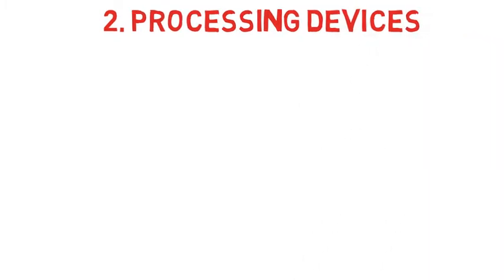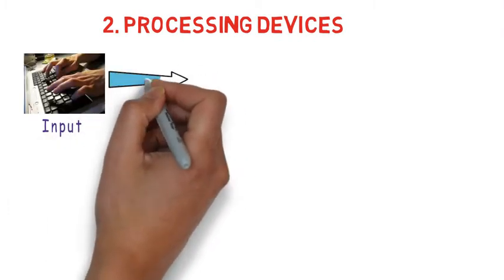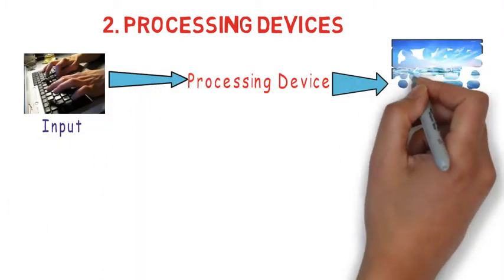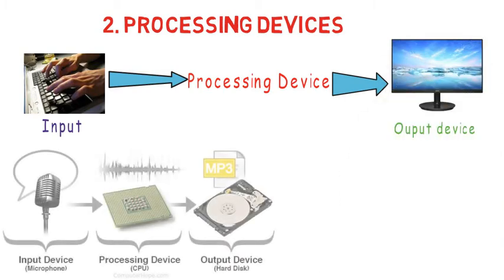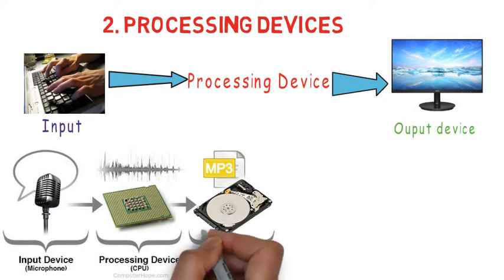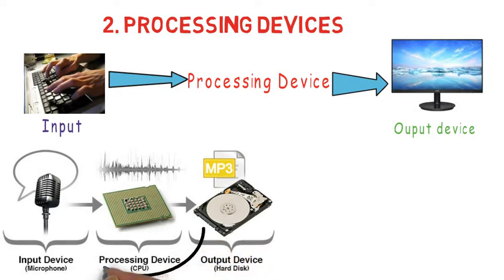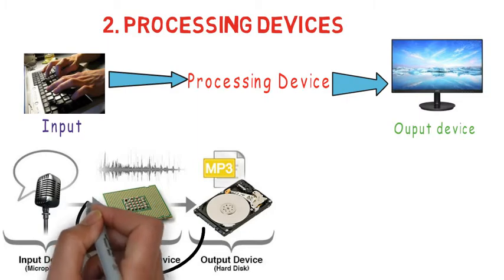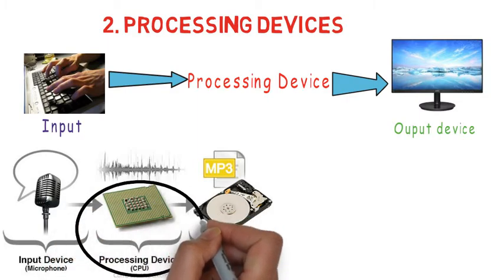When a computer receives data from an input device, e.g. a keyboard, the data goes through an intermediate stage before it is sent to an output device, for example, a monitor. In the diagram below, the CPU is the processing device. This is because the CPU converts the data inputted through the microphone into information which is stored in an output device.